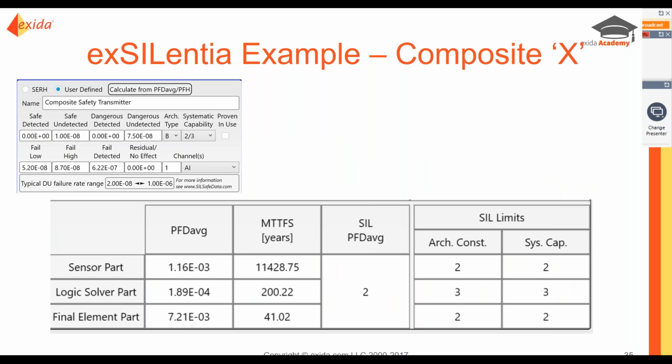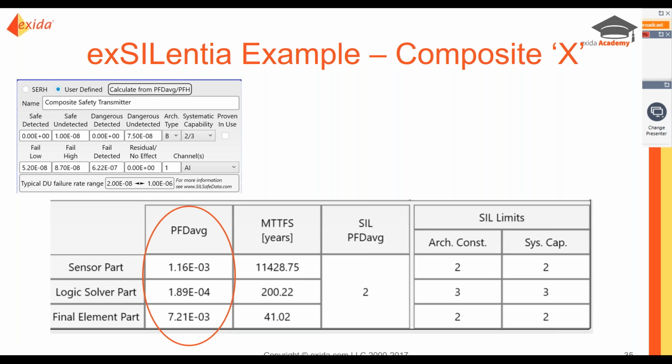From that, I was able to click the user-defined portion in exSILentia and enter my composite X information for the safety transmitter. Once again, the logic solver, final elements, everything stayed the same. I just changed this sensor information.